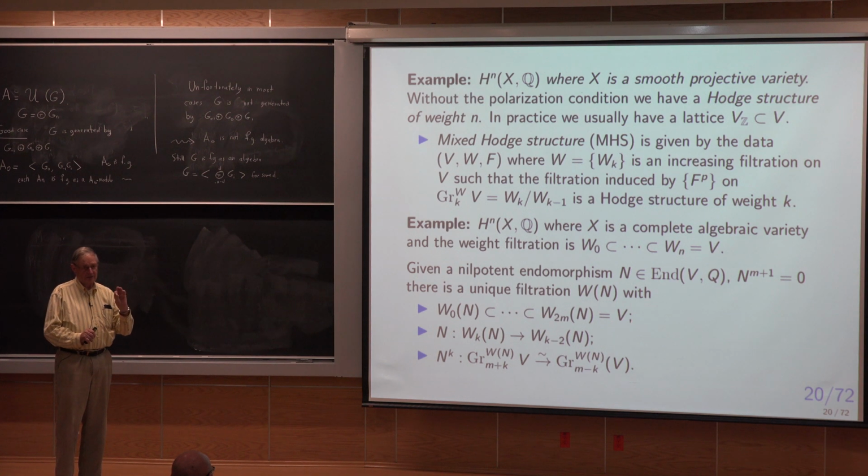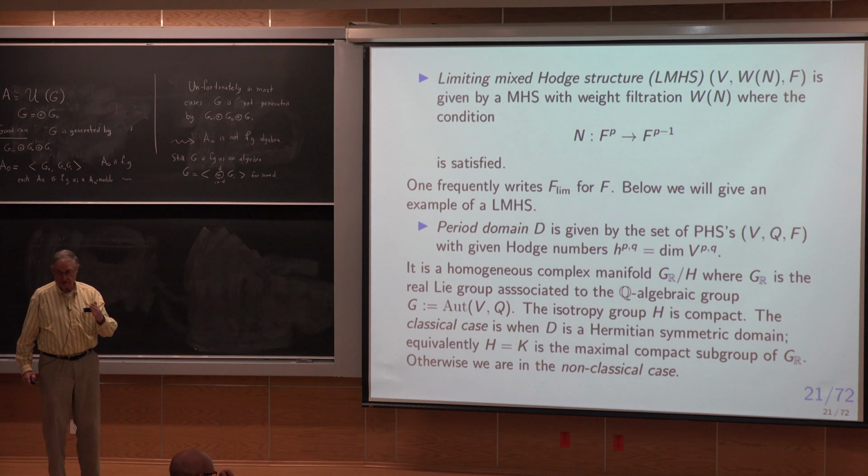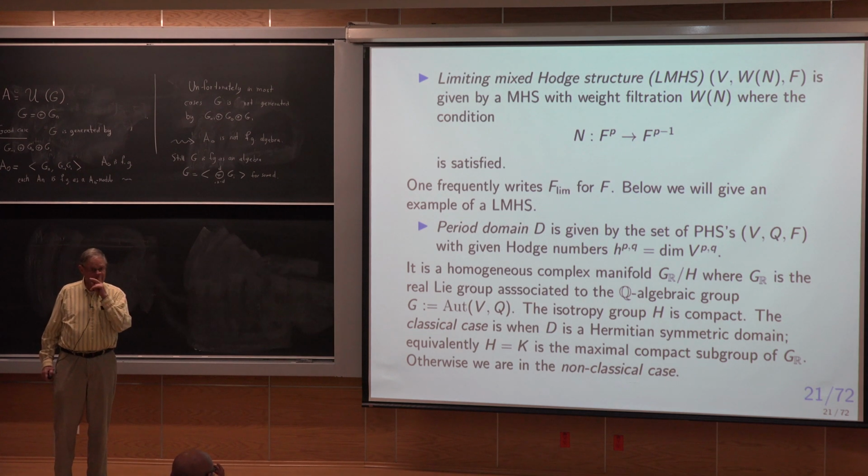There's a unique weight filtration then associated to any nilpotent endomorphism with these properties. So a limiting mixed Hodge structure is a mixed Hodge structure with such a weight filtration and where the N drops the Hodge filtration index by 1. So it satisfies this additional condition.